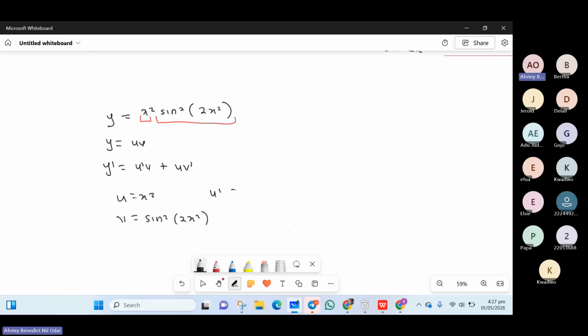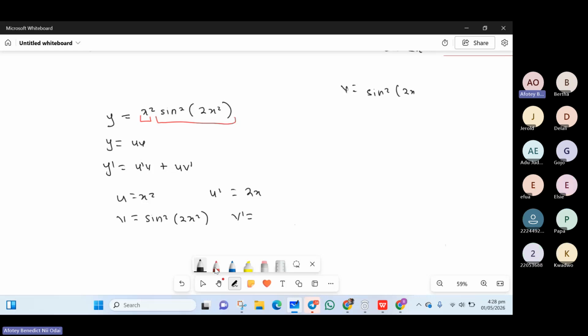So u prime is equal to 2x, and let's see what v prime is equal to. V is sine squared 2x squared. The differential of v is a composite, so let's rewrite v as sine 2x squared, all squared.